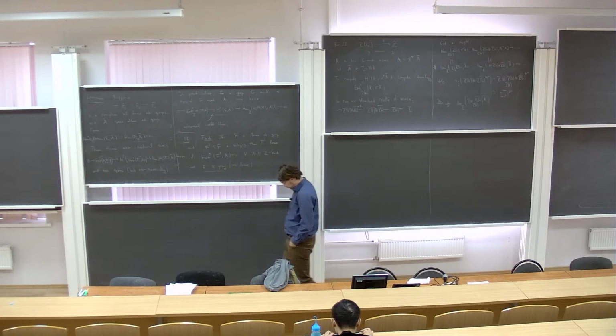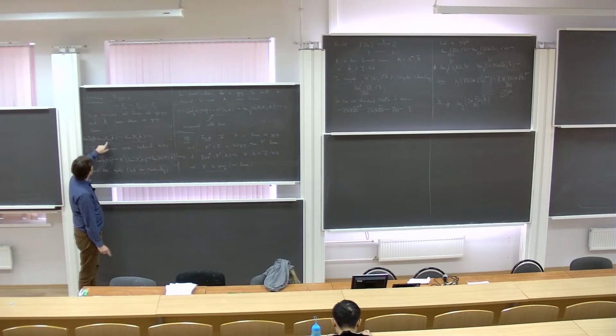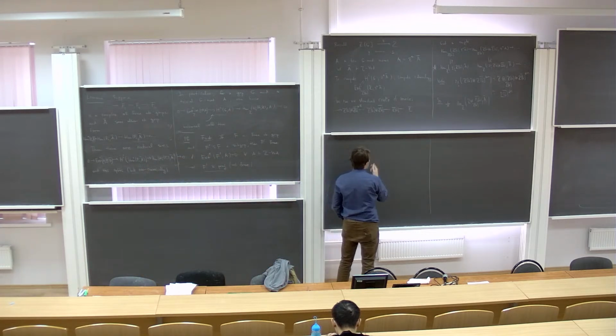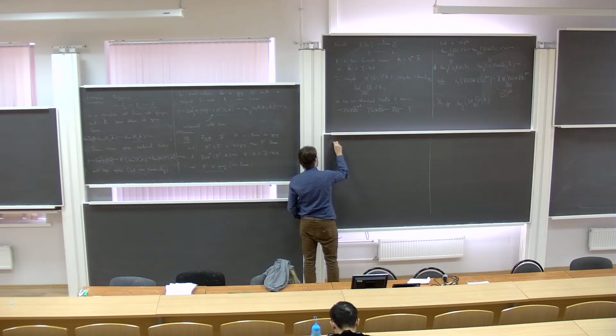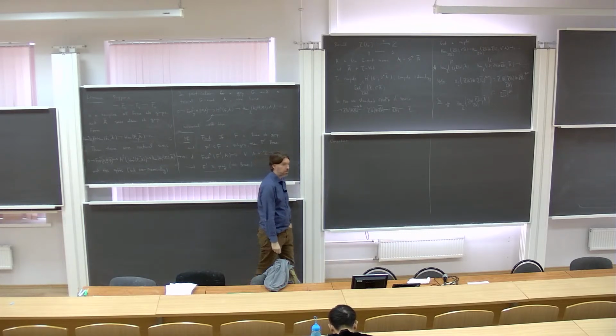Okay, so let's take this fact, and let's look at our complex out of which we're going to take the Hom, our F dot. It's a complex of free modules, that's all we know. So then consider the following short exact sequence of complexes.